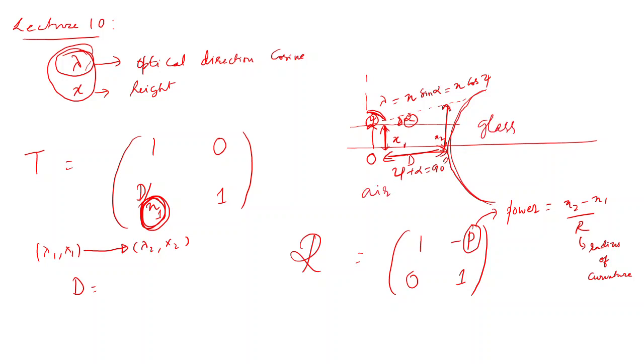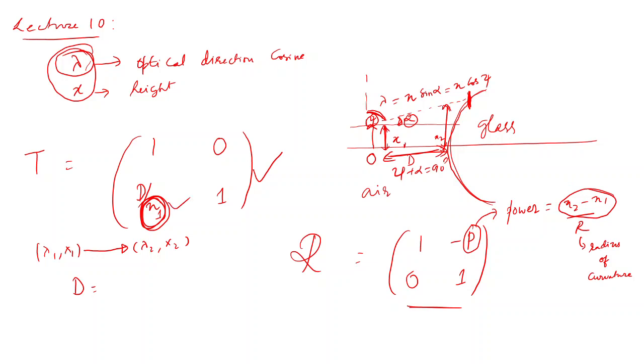Within air you could have translation, but once your light hits this glass surface, there is a refraction followed by translation. So we use the translation matrix for one medium at a time, and refraction is at the interface of two media. That's why in power you have two different refractive indices, n2 and n1, whereas in translation you have only one index.